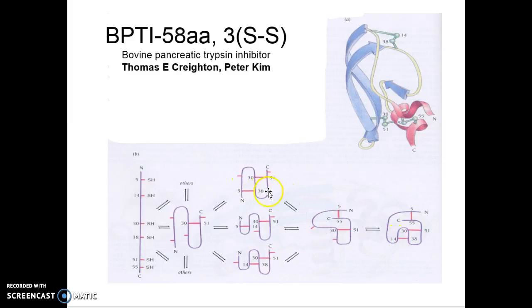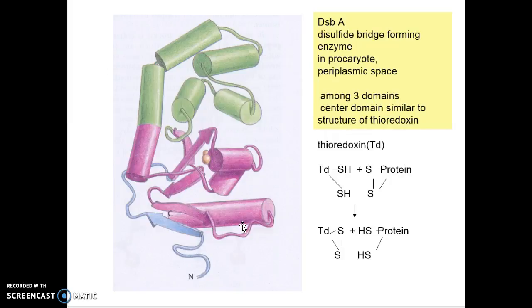This kind of abnormal disulfide bond containing intermediate cannot proceed to form native structure because abnormal disulfide bond just simply blocks the further process. So this abnormal disulfide bond must be reduced and then let it go, okay, for proper disulfide bond formation.